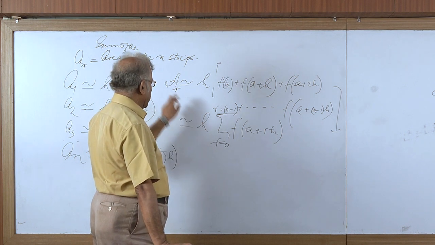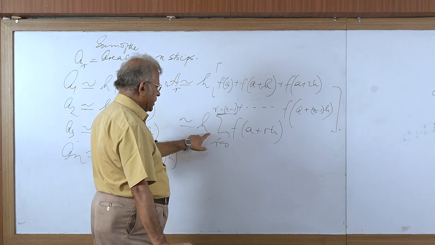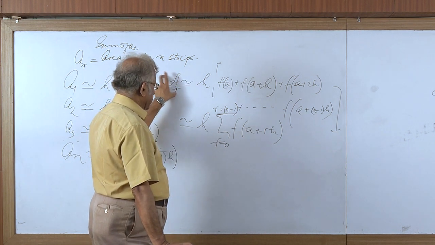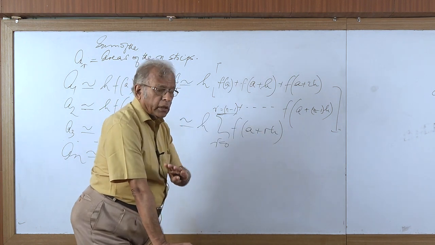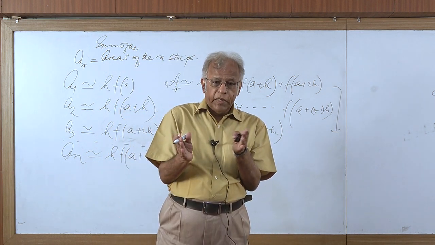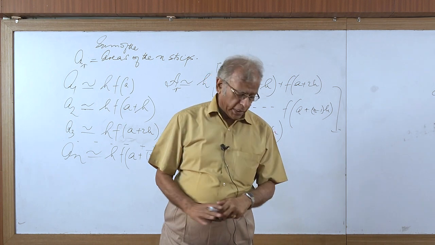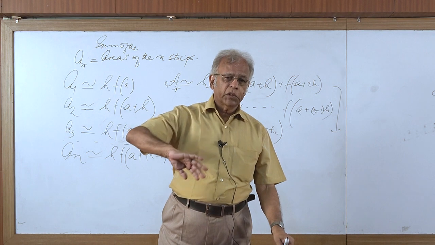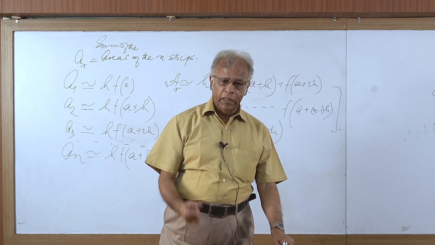Once again I repeat, the required area can be approximated by this expression. So we will only keep this expression and then proceed from there as to how from this expression we can get a very good value of the required area. That means a correct value with all the approximations gradually slain, killed.